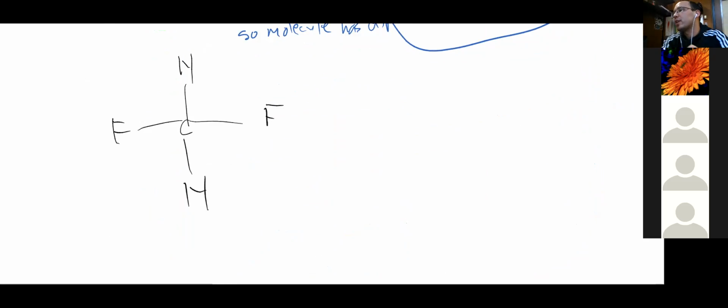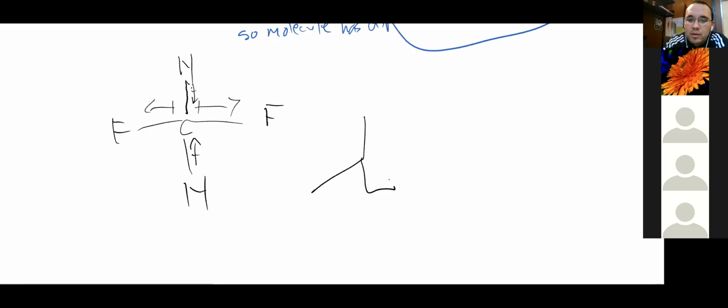And they tell me that this molecule is nonpolar, and they say it's because everything's balanced. In reality, they're not balanced, because they don't look like this. The shape of this molecule is not going to be a square. The shape of it is going to be a tetrahedral, and there's a difference there because of the 2 different elements.